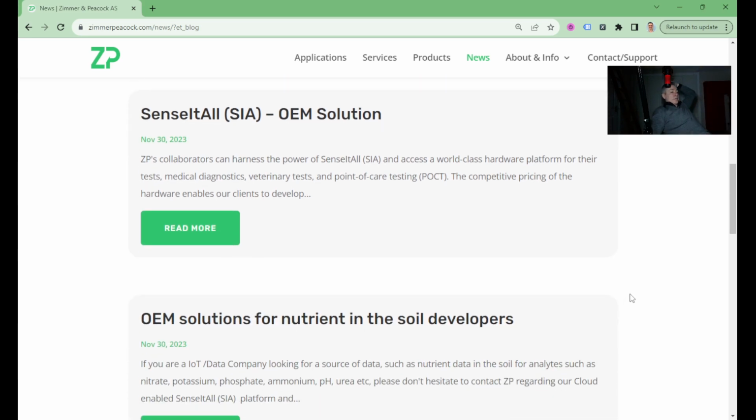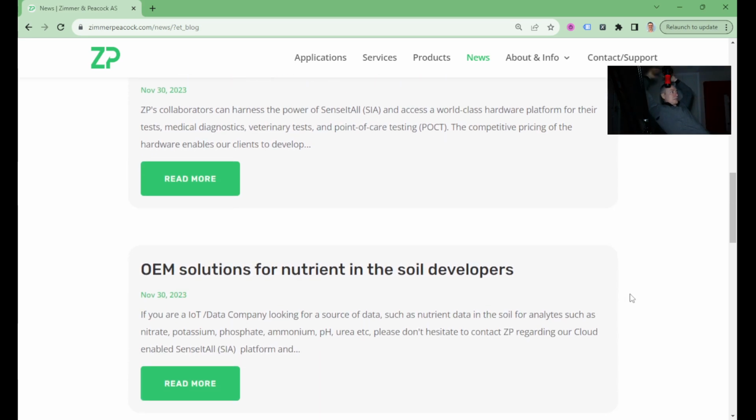Now, something that we're particularly keen on is OEM, Original Equipment Manufacturer. In business, you can have what are called legal manufacturers, people who legally own a product, but you can also have OEMs, which are really contract manufacturers like ZP. ZP has something called the Sensi All platform.